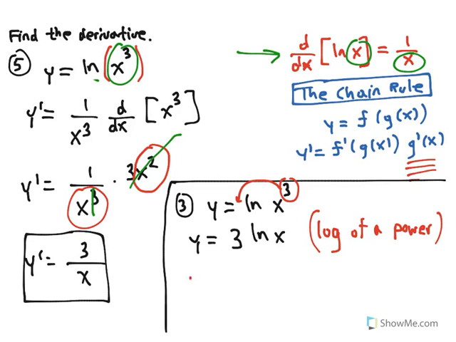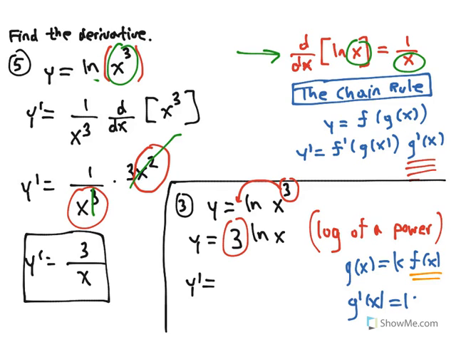So now to find the derivative, you would recognize that what you have here is a constant multiple, and when you have g of x is equal to k times f of x, where f of x is a differentiable function of x, then the derivative of the function g is simply the constant k times the derivative of the function f.